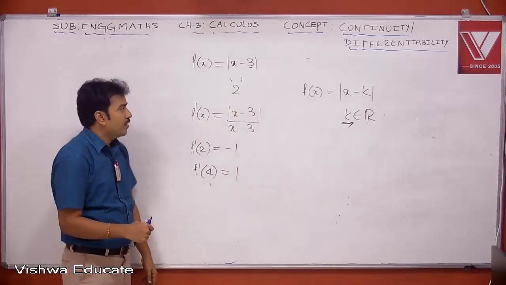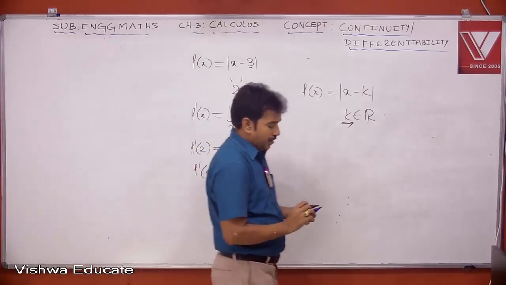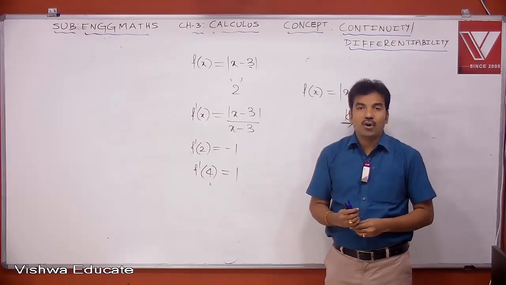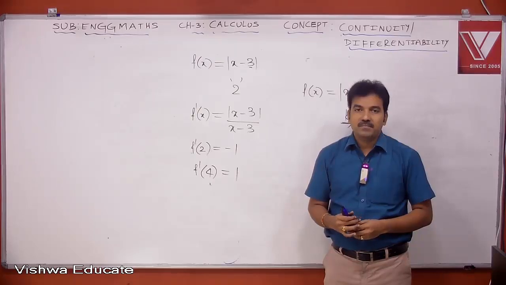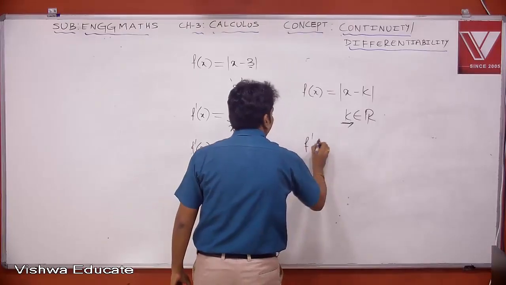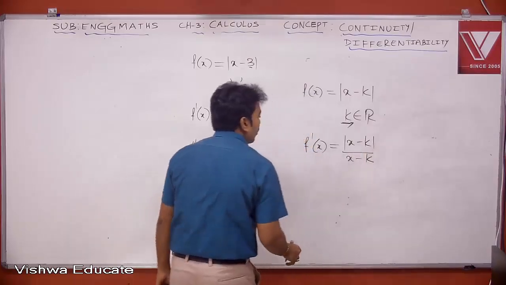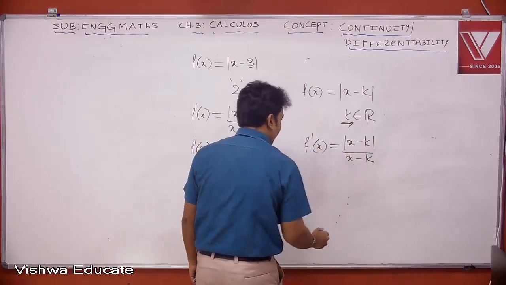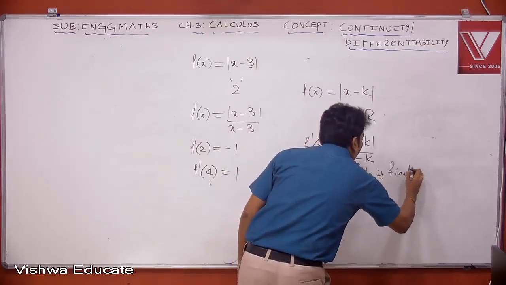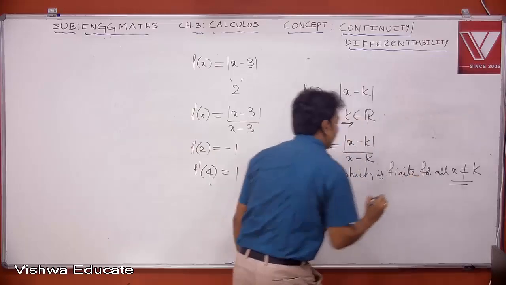Note. F of x equal to modulus of x minus k is differentiable at all points except at k, because f dash of x equal to modulus of x minus k by x minus k, which is finite for all x not equal to k.